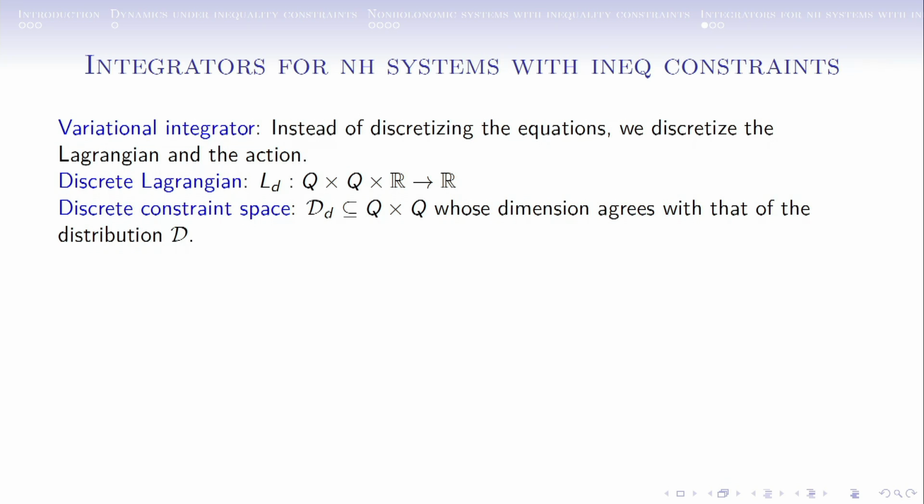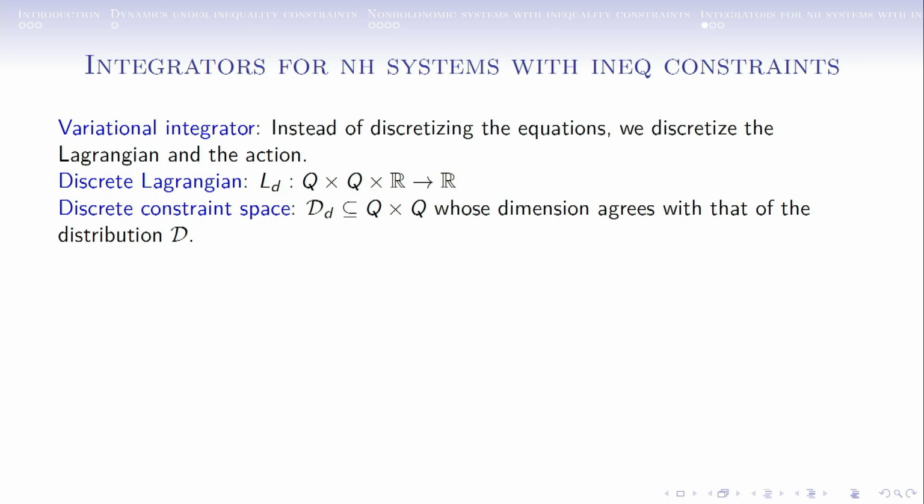Proceeding according to this framework, we first define a discrete Lagrangian. The space where a discrete Lagrangian is defined is Q times Q. In some way you can think that it replaces the tangent bundle, and you can intuitively think that the velocity is replaced by the difference of 2 points, which is the reason why you get Q times Q. And then h is the time step, because if you want to get an approximate velocity from 2 points, you take the difference between 2 points and divide it by a time step.